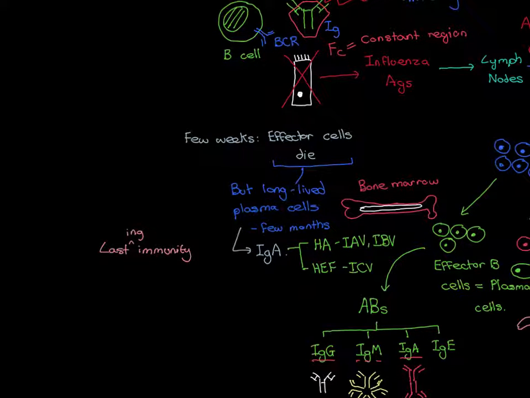Why? Because the influenza virus, of course, would end up in the mucus, and then in the mucus there's going to be loads of IgA, which are going to bind to the entry protein, whichever one of these it is, and neutralize the virus particles.